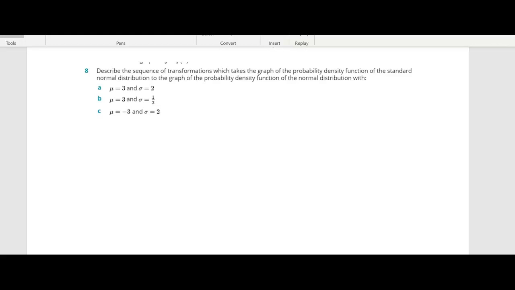Okay, so remember our standard normal distribution, and I'm going to draw that in a second. It has a mean 0, so it kind of sits on the y-axis there, and a standard deviation of 1.